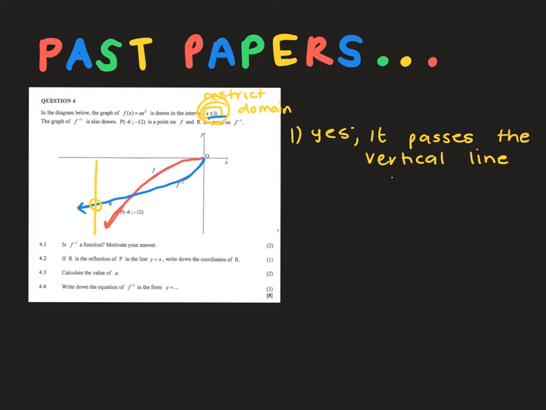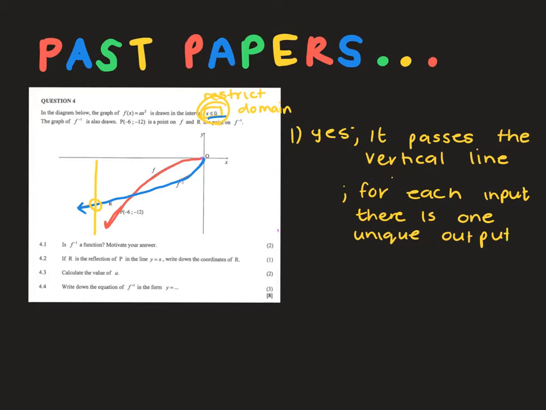Something a bit more mathematical, perhaps a little bit more accurate to say, but if you wrote the above down, it would be correct: for each input, meaning for each x value, there is one unique output. It's saying the same thing. And this would be a one-to-one function. For each x value, there's only one corresponding y value. So that's something nice and straightforward.